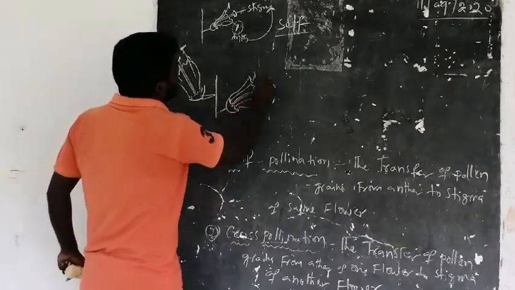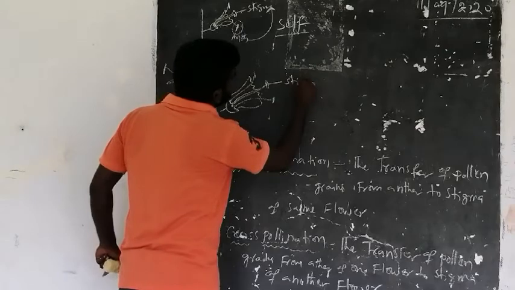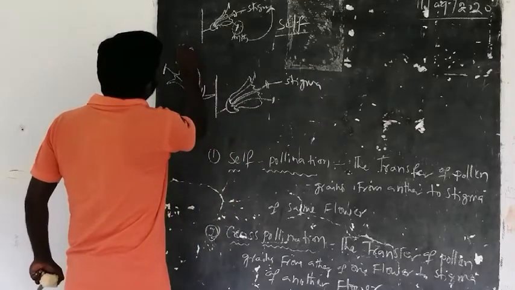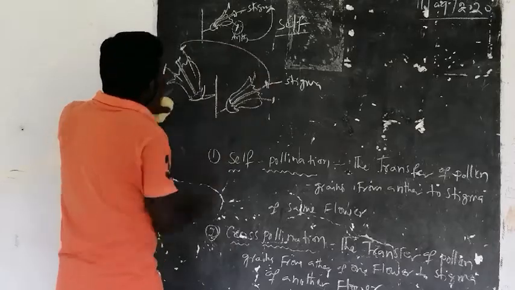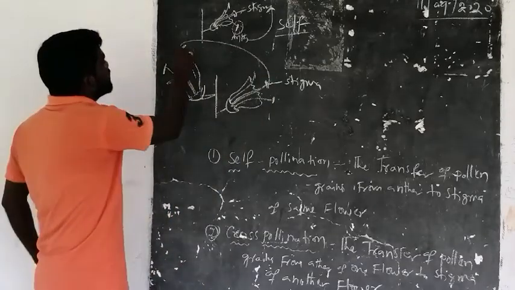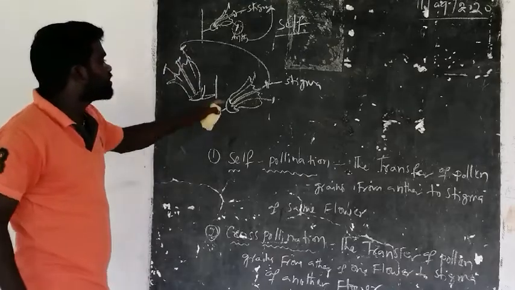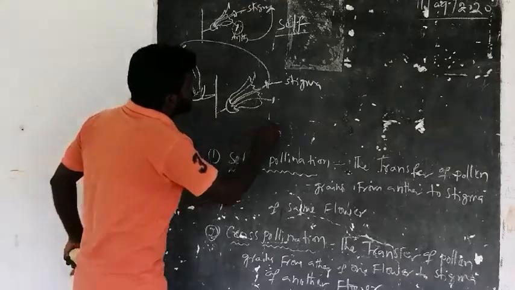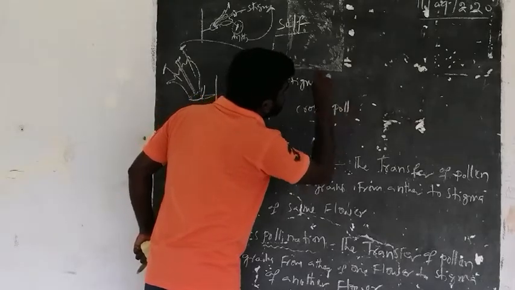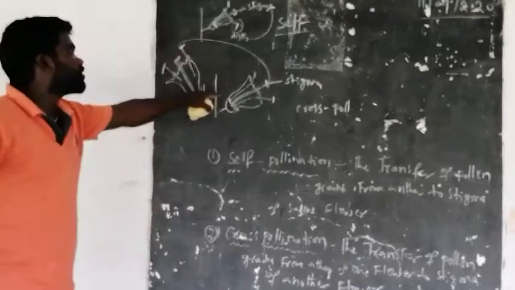For example, this is the stigma, and the pollen grains are coming from another, different flower. This kind of pollination is called cross pollination.